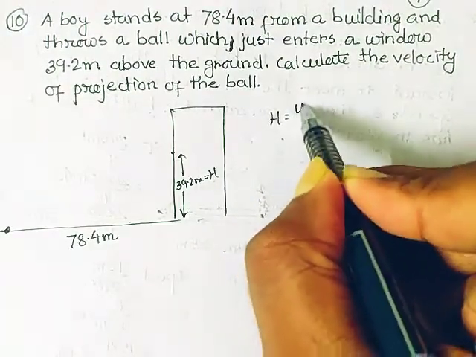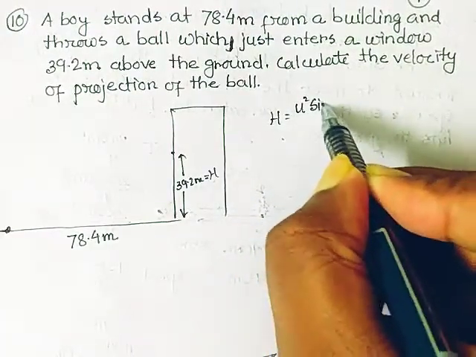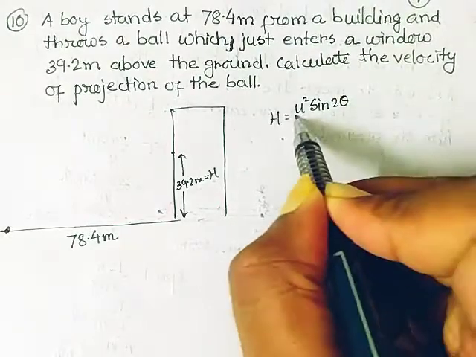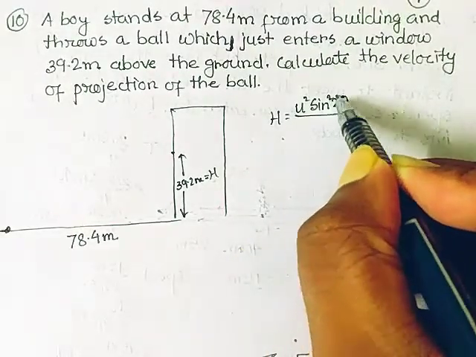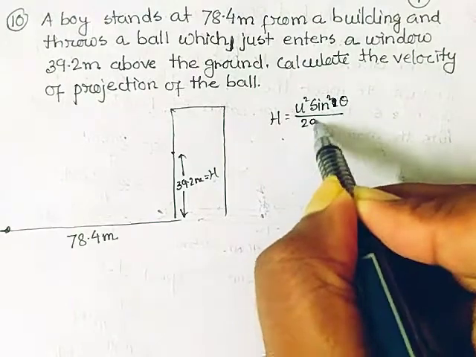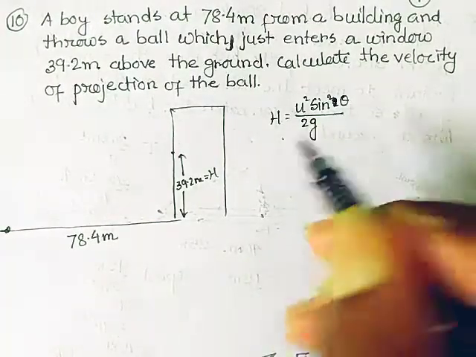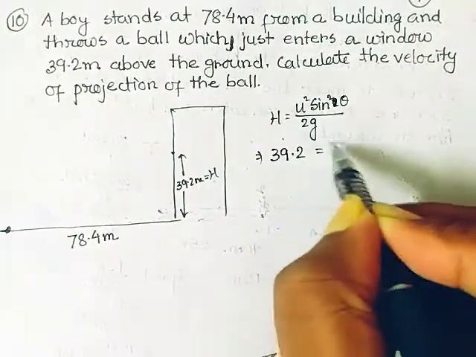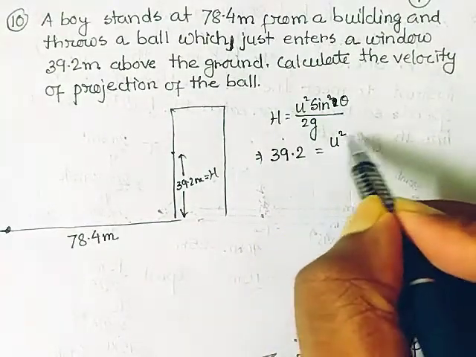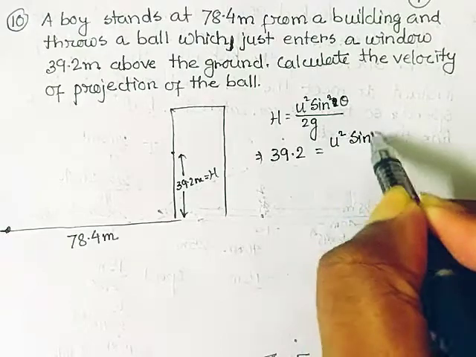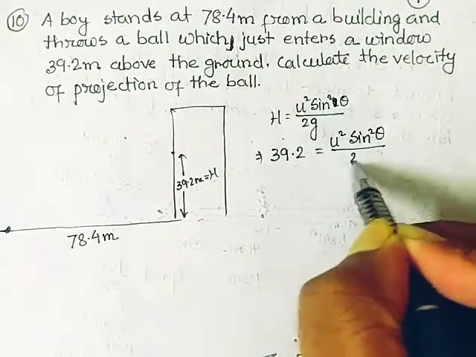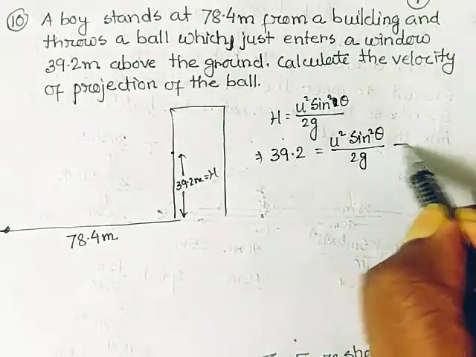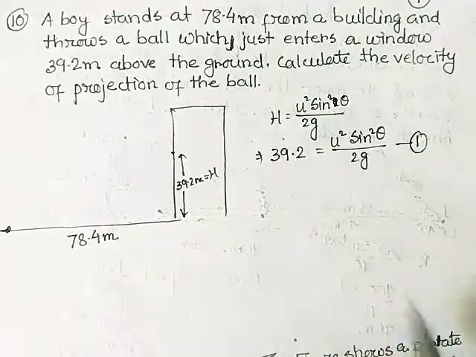The formula of it is u square sine square theta divided by 2g. So 39.2 equal to u square sine square theta divided by 2g. This is our first expression from the information.